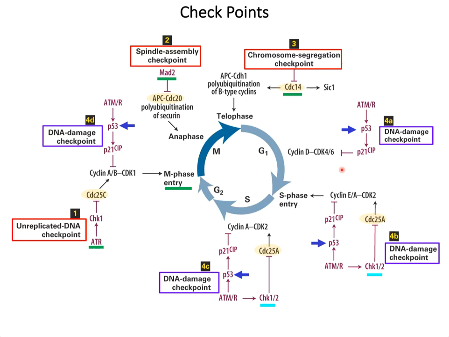So here are 4 checkpoints, and 4A is a checkpoint checking if the DNA damage occurred during the G1. 4B is checking the DNA damage just before it enters into the S phase. Then you have the 4C, checking the DNA damage during the S phase. And then you have the 4D, which is checking the DNA damage during the G2 phase.